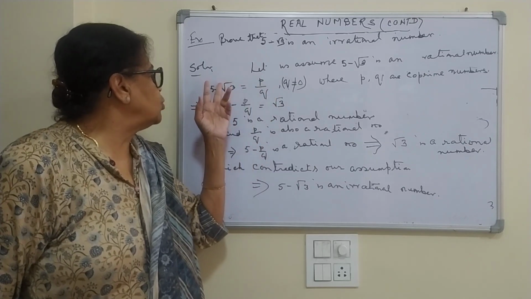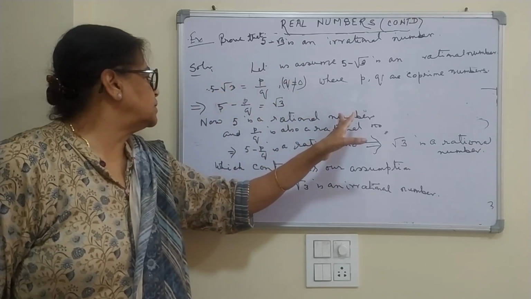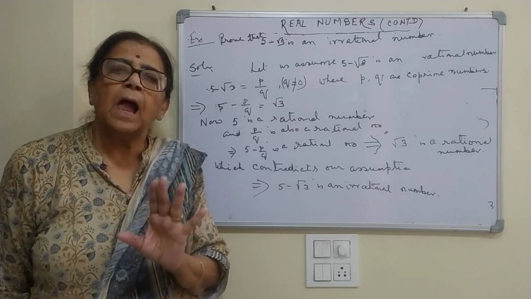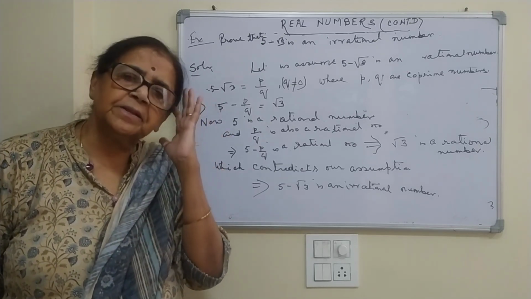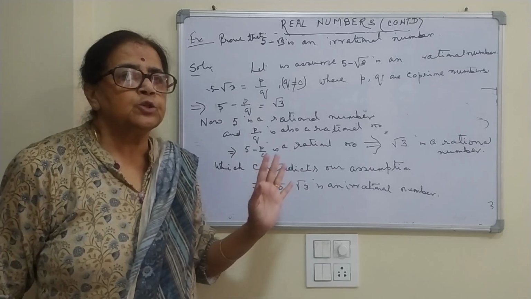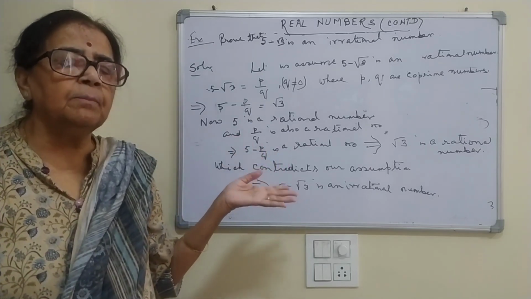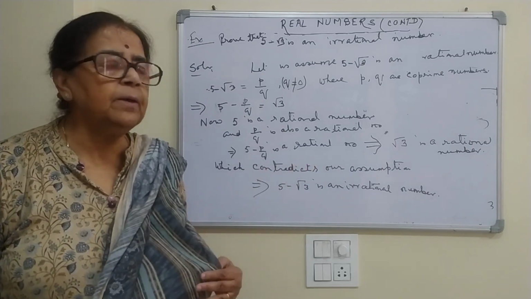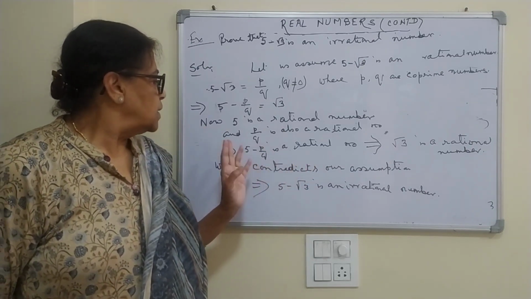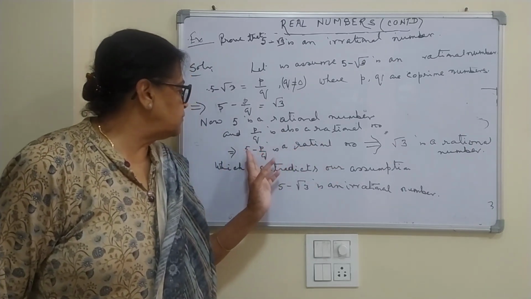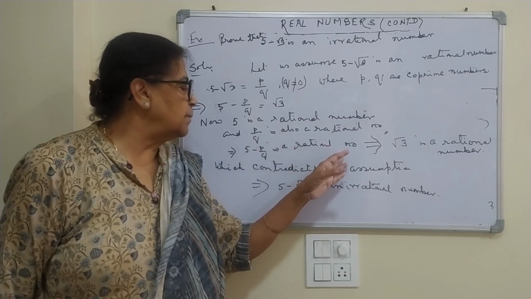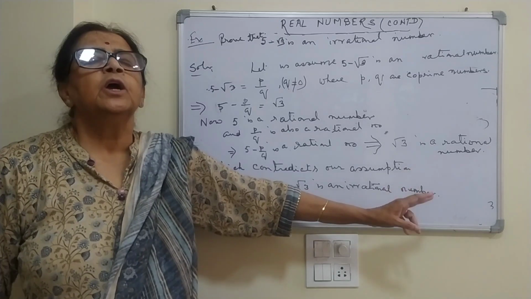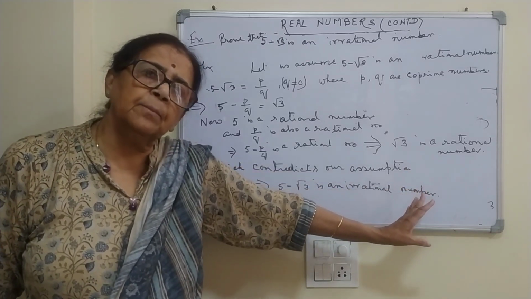I take P by Q this side and root 3 on the other side. Now 5 is a rational number, and P by Q we have assumed is a rational number. So one rational number minus the other rational number, we get a rational number only. So 5 minus P by Q is a rational number. So from this relation we get root 3 is also a rational number.